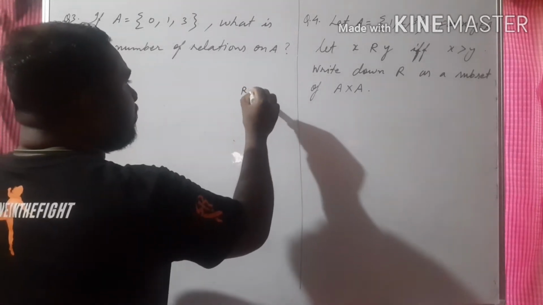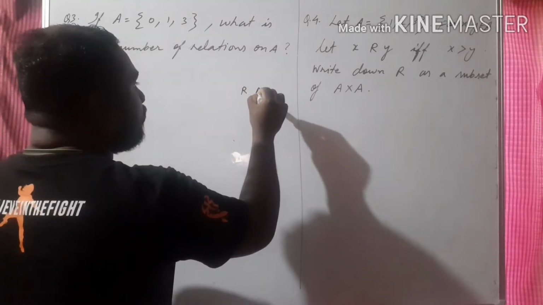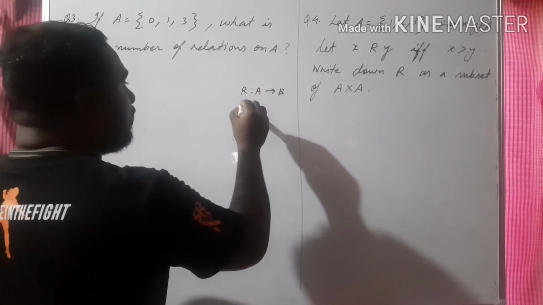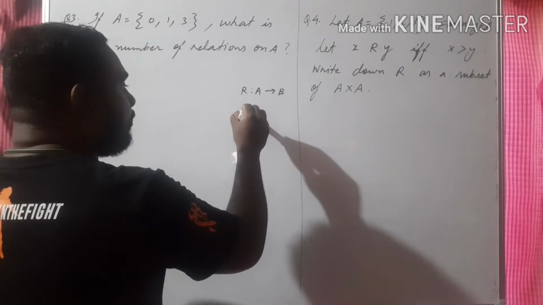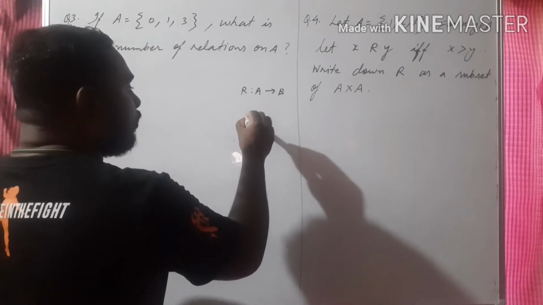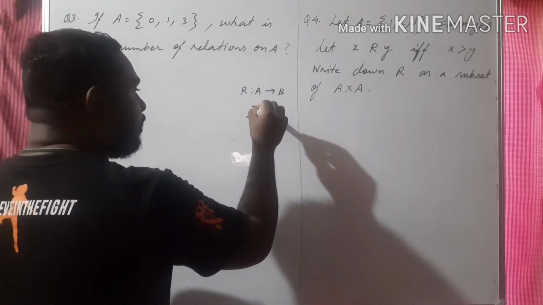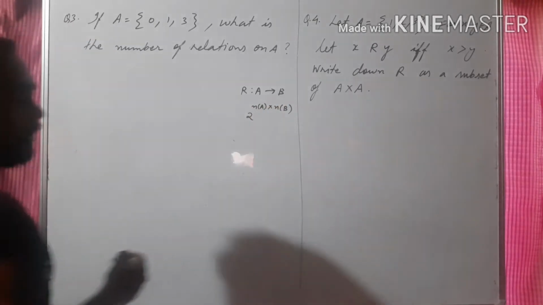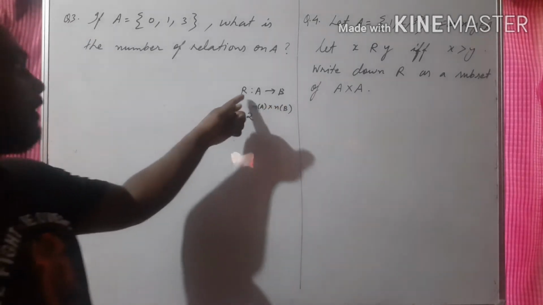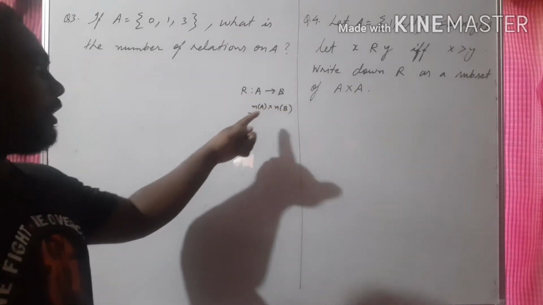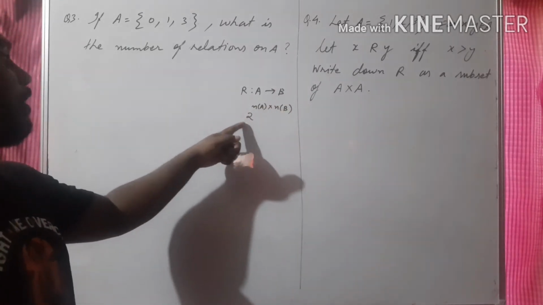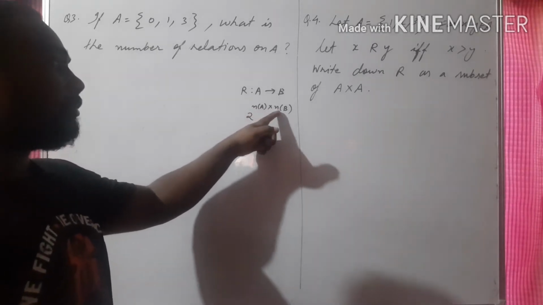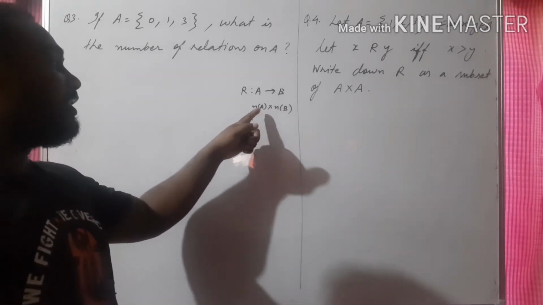So if it is a relation from A to B, the number of relations is given by the formula 2 to the power number of elements of A into number of elements of B. Okay, if the relation is from A to B, then the total number of relations will be 2 to the power number of elements of A into number of elements of B, that is cardinality of A into cardinality of B.